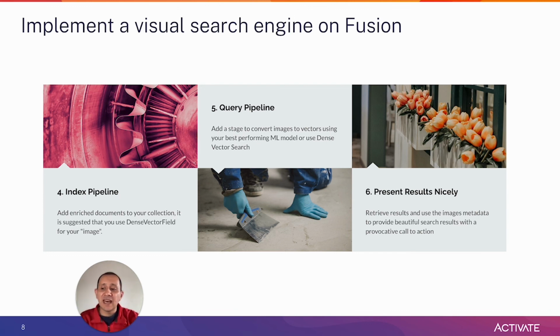And once you do that, you also have to make sure that you have a very provocative call to action that will help you increase your conversion rate. So that's, in very broad terms, what you will have to do in order to incorporate or create a visual search engine on top of Fusion.